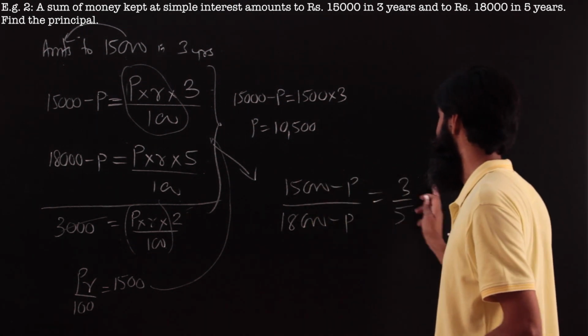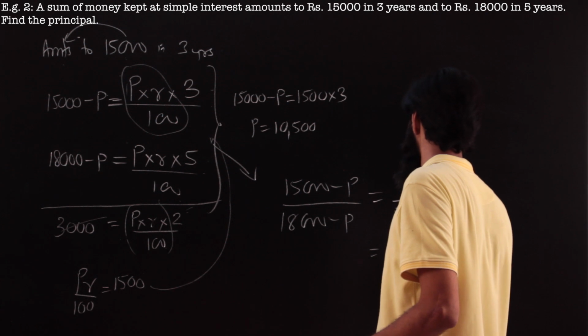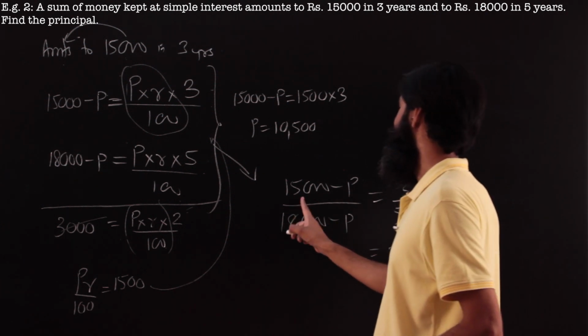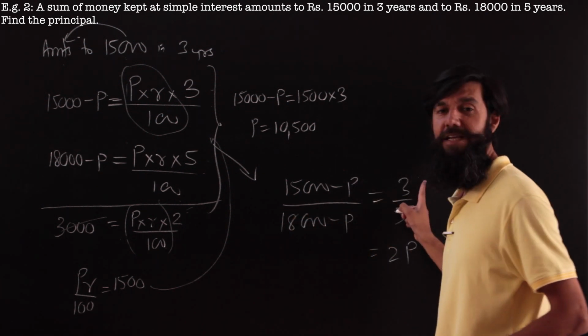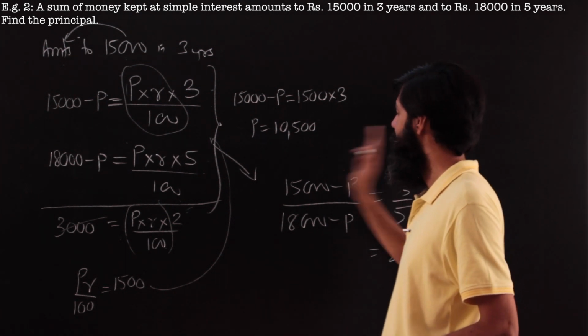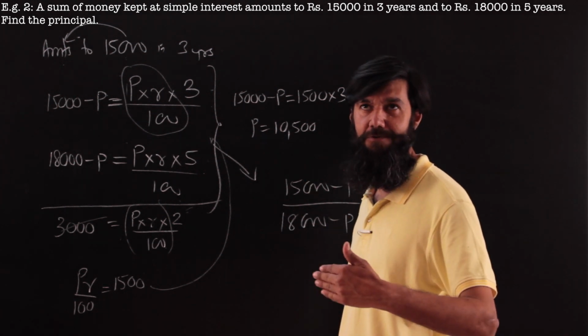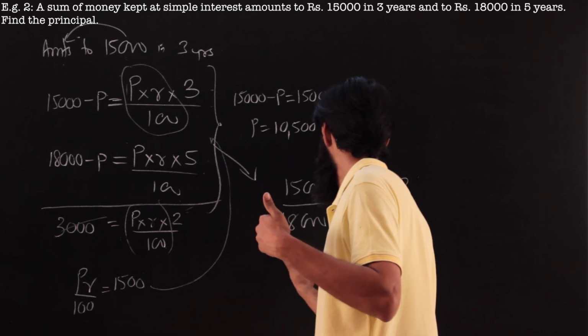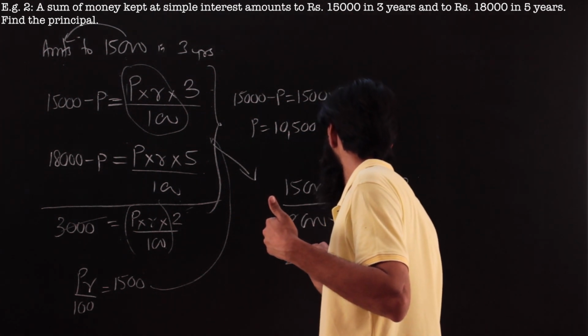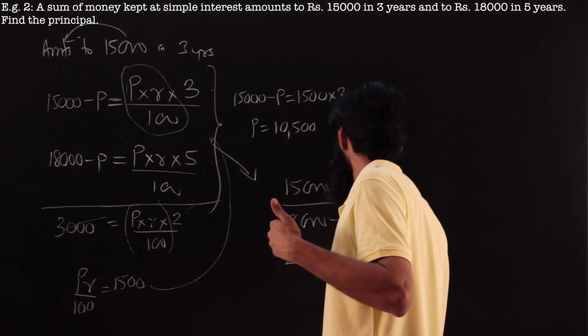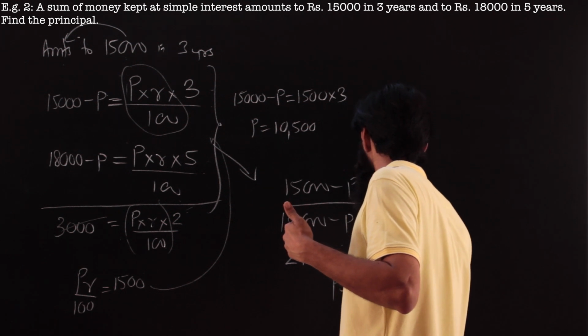So there's a minus 5P, there's a minus 3P, so I'll be left with a 2P. 15 into 5 is 75,000, 18 3s is 54,000, so 54,000 to 75,000, it is 21,000, and P is going to be 10,500, right?